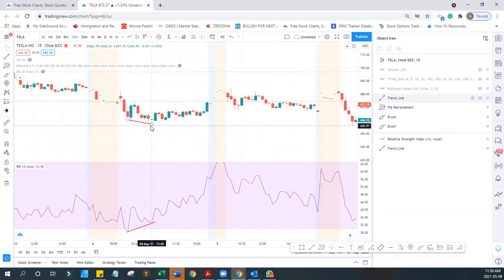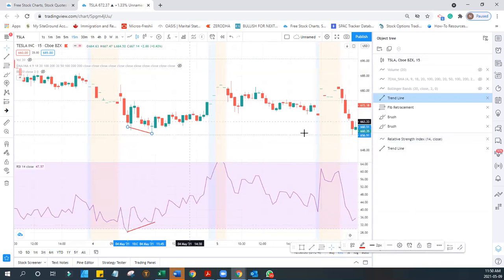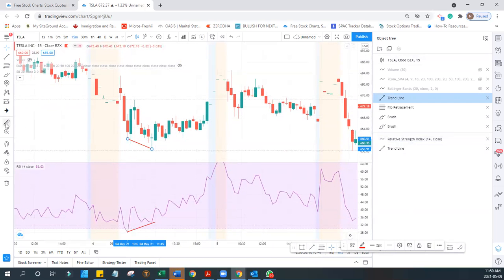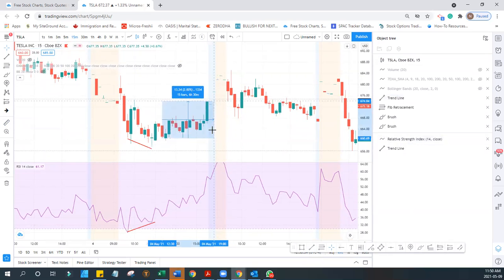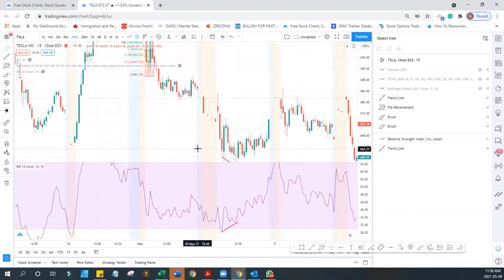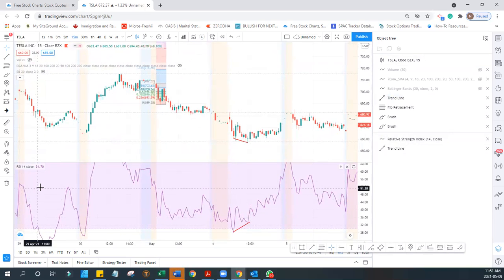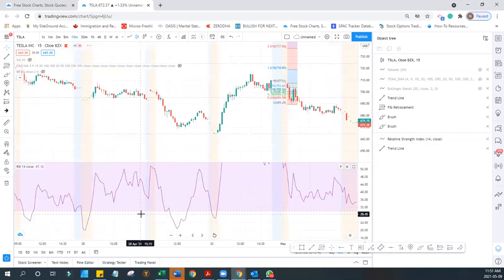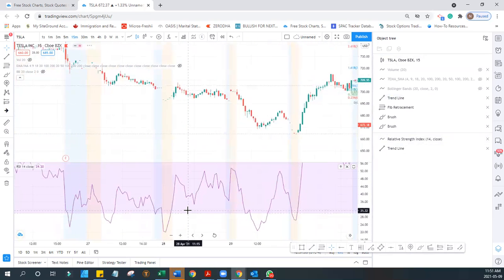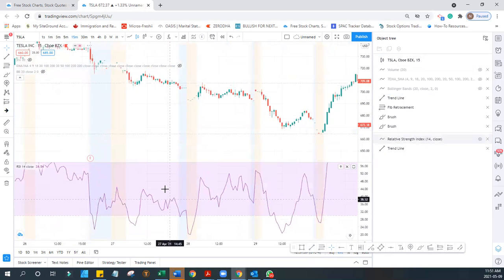The lows of the price are falling, but the momentum is higher. So that means a change is going to come from here, and from here the price went up 2%. Now let's see others. Price is falling down.